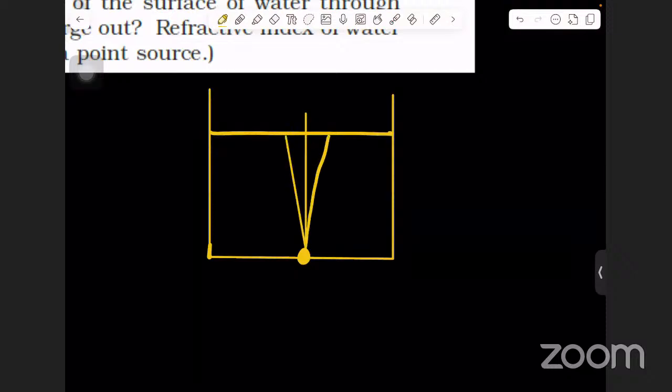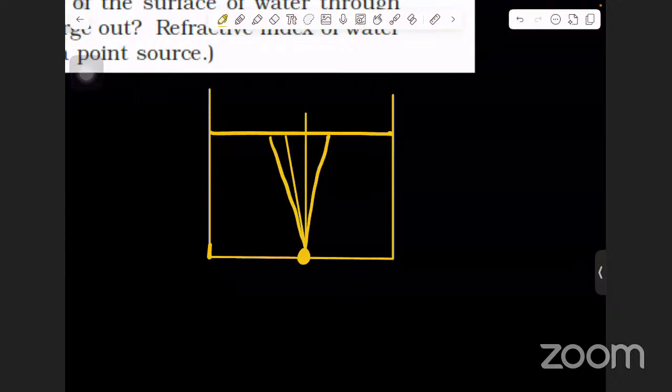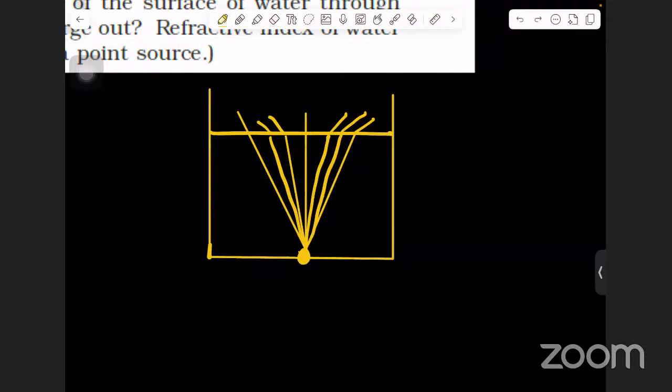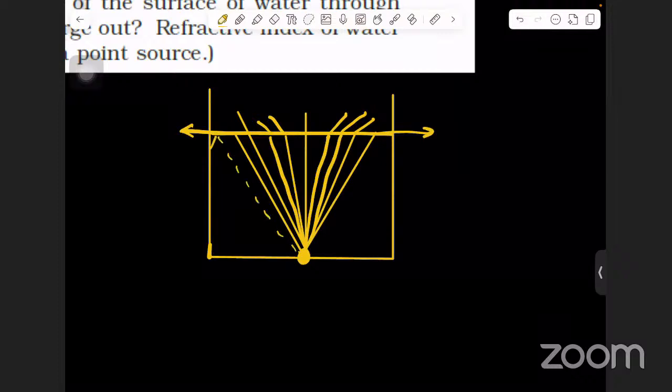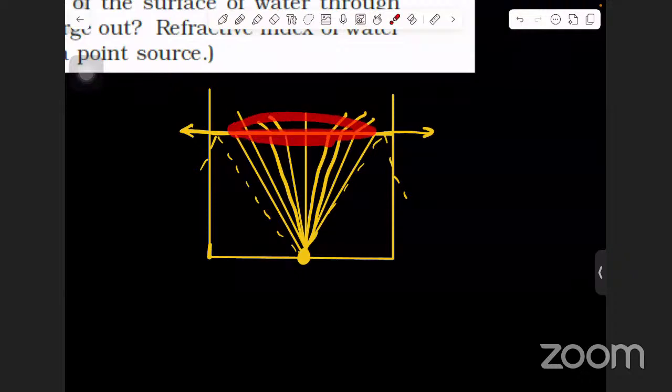Let's imagine we are viewing from above, right? So, like these rays are coming out, but at some critical angle, when it becomes 90 degrees, after that, no ray will come out of the box, right? After that, all the rays will just go back inside into the box. So if you see from above, you can only see this part. This part of the rays are only coming to your eyes.